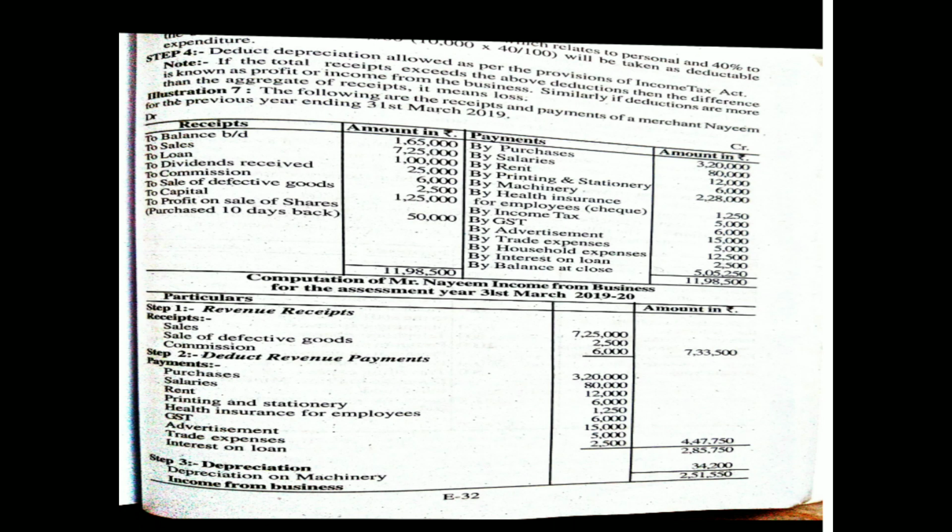By purchases 3,20,000, by salaries 80,000, by rent 12,000, by printing and stationery 6,000, by machinery 2,28,000, by health insurance for employees by cheque 1,250, income tax, GST, advertisement, trade expenses, household expenses, interest on loan, balance at close 5,05,250.